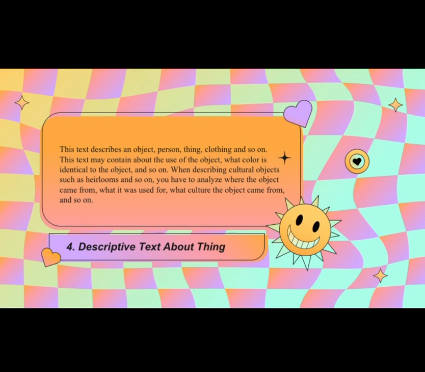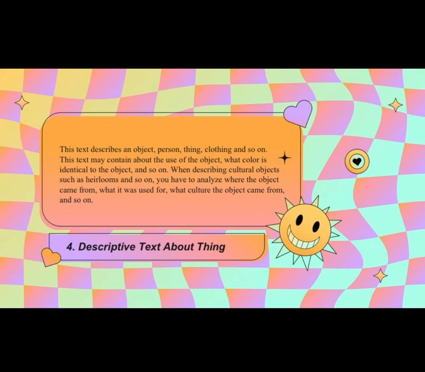So, the last type is descriptive text about thing. This text describes an object, person, thing, clothing, and so on. This text may contain about the use of the object, what color is identical to the object, and so on.